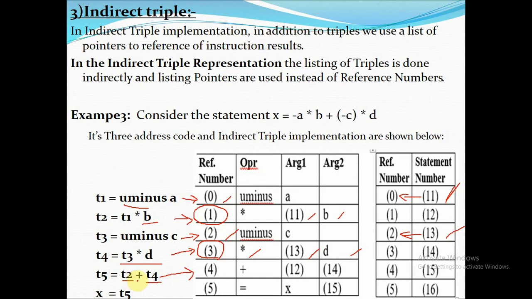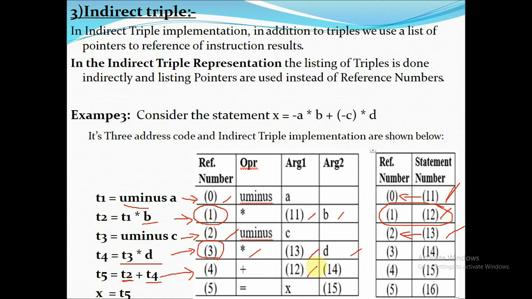T2's reference number is 1. What is the indirect address of reference number 1? 12. So statement number 12 is the indirect address of reference number 1. I want to refer to T2, whose reference number is 1, so I should use the indirect address 12.